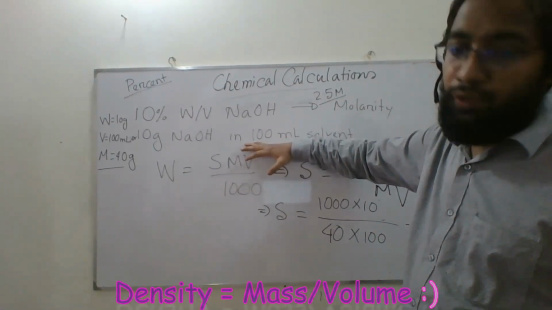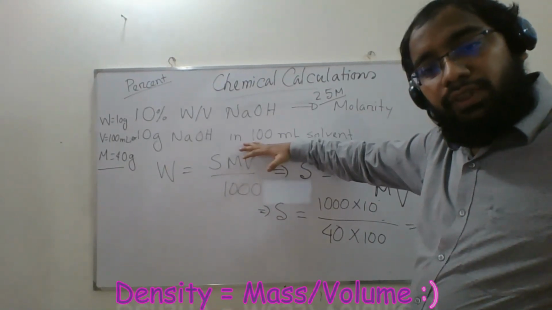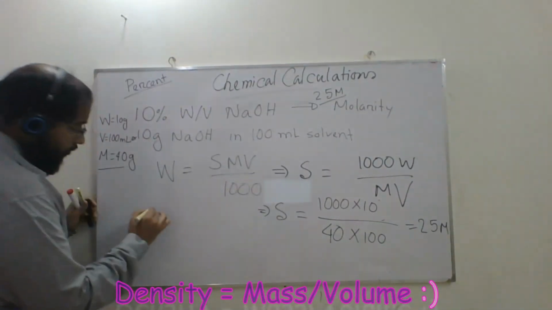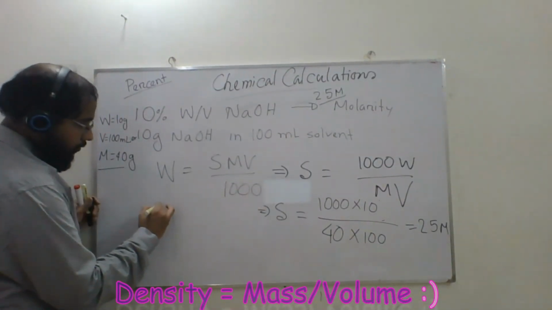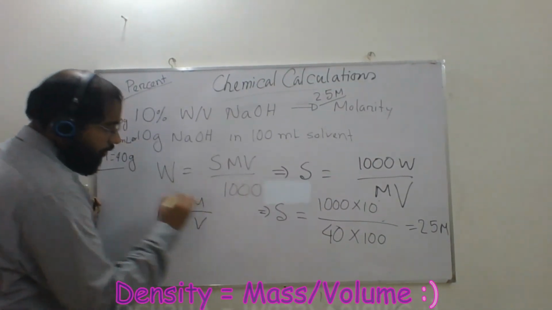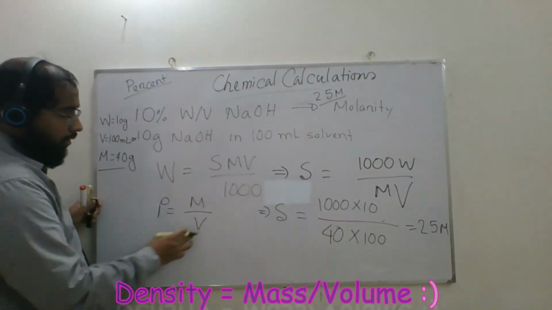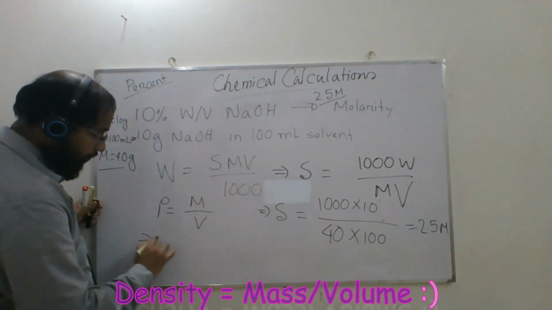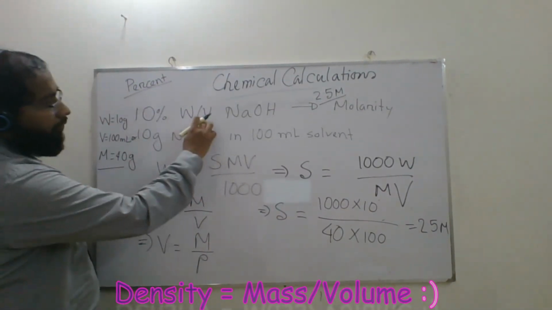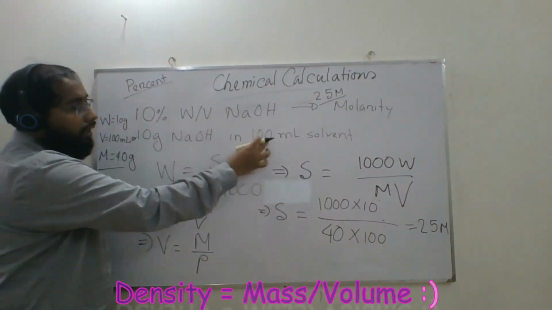We know density equals mass by volume. So I have mass, and now I need the volume. Just volume equal to m by rho. If it is W by W, then I need to divide this W, 100 gram, by the rho.